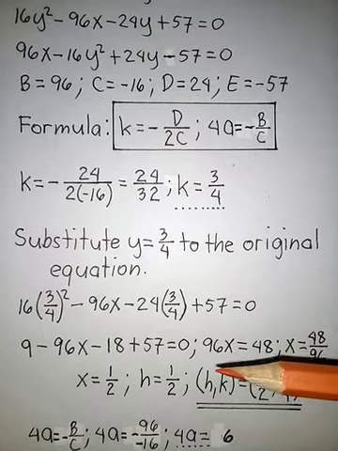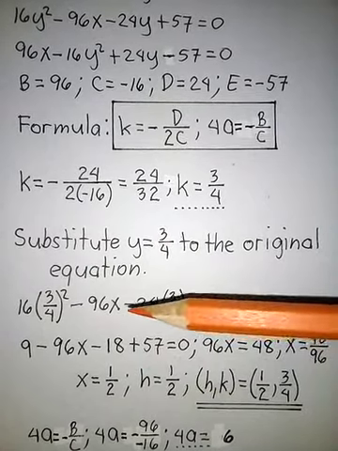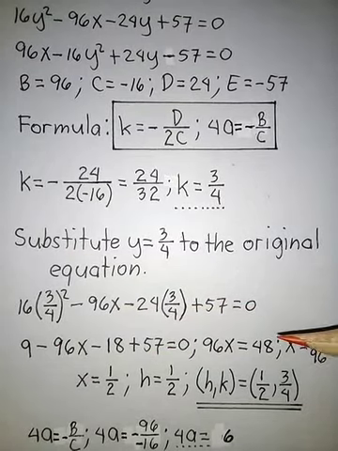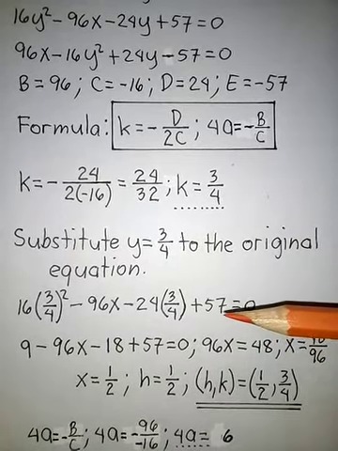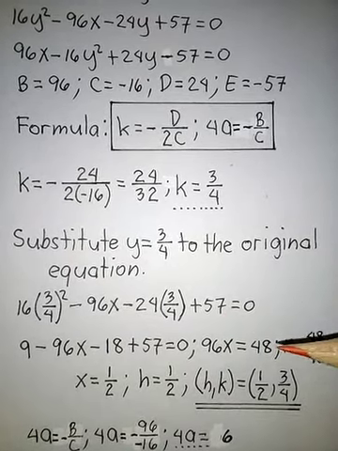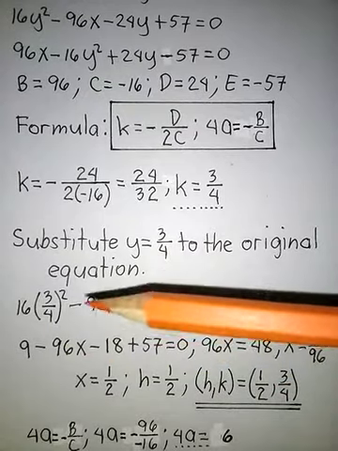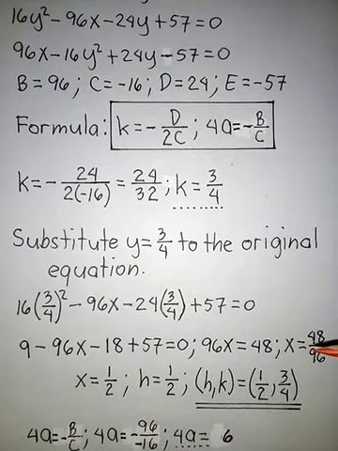And also, as if we have transposed this negative 96x to the left, and then write it again here. Simplifying the whole of this, we will get positive 48.